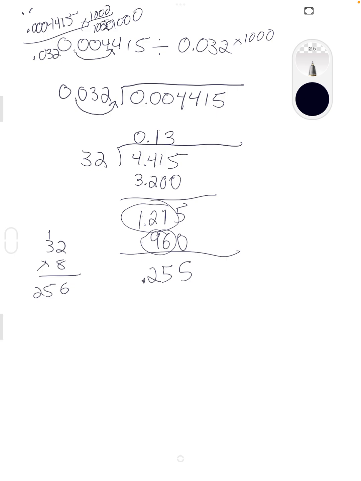It's close. So I'm going to have to go times 7. So let's look at that. So 32 times 7. 7 times 2 is 14. 7 times 3 is 224. So this one becomes, put a 7 there, and I get 224. The remainder, I get 1.